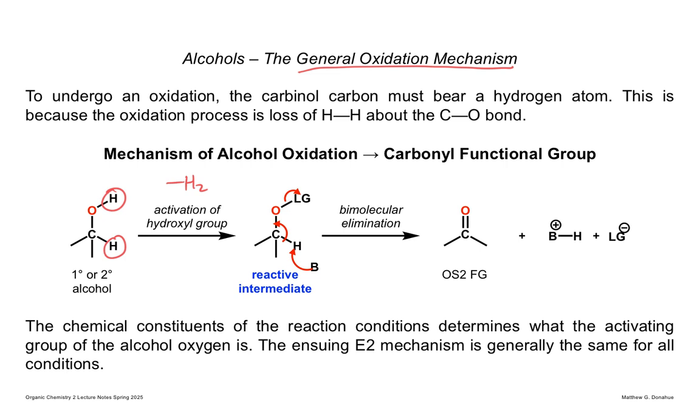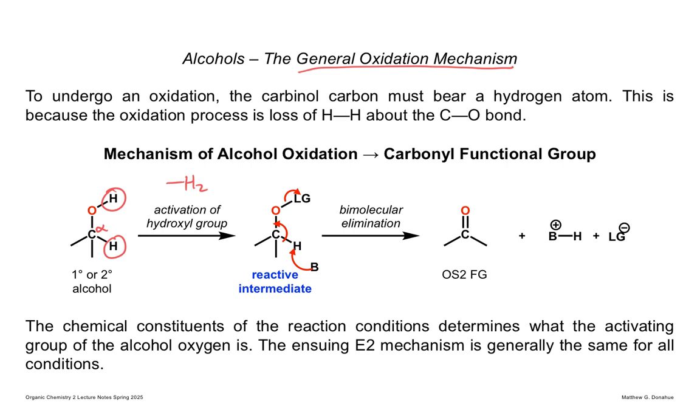The first step is usually activation of the oxygen atom. I'm going to call this carbon alpha. We're going to do an elimination, which means forming a pi bond.